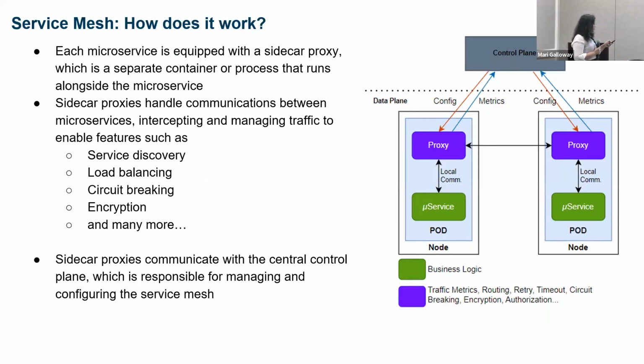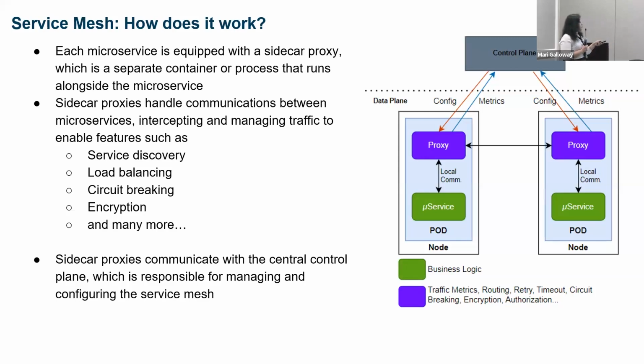So each microservice is equipped with a sidecar proxy, which is a separate container or process that runs alongside each of the microservices. This proxy intercepts and manages traffic to enable all the features that we said earlier are essential for the successful communication between the microservices, such as service discovery, load balancing, circuit breaking, encryption, authentication, and much more.